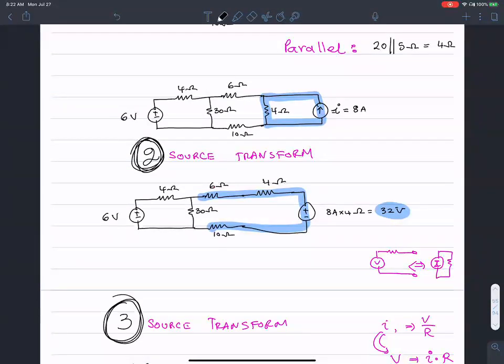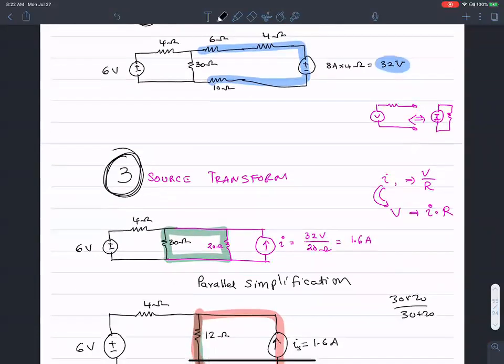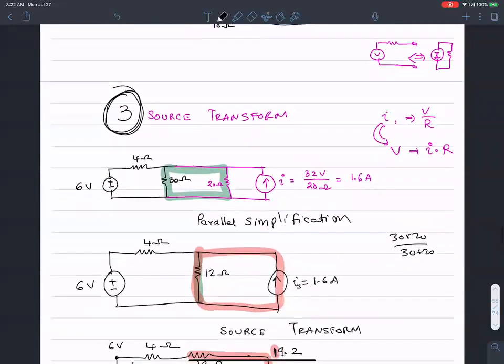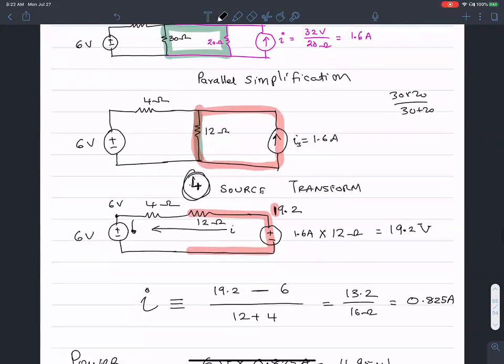So all I'm simply doing is transform one kind of source into a different kind of source, and then apply a parallel simplification and then apply a source transform one more time, a fourth time. Then that's all there is to it.